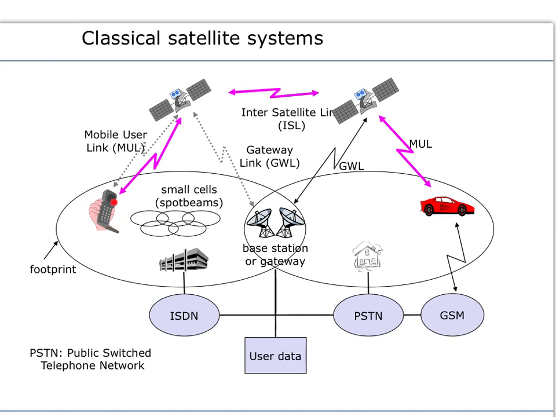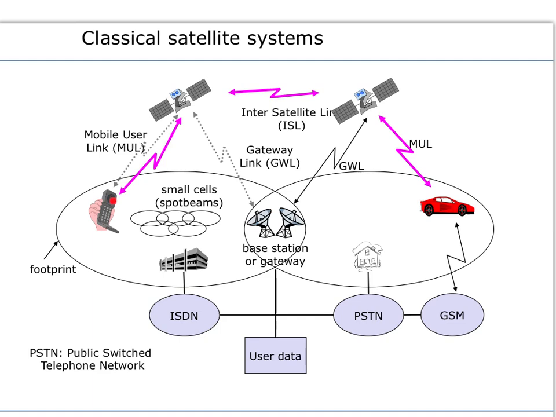So this is the mobile user, and in the past, we used to require the user to have special hardware, because this requires, of course, transmission powers and rates that are not usual.